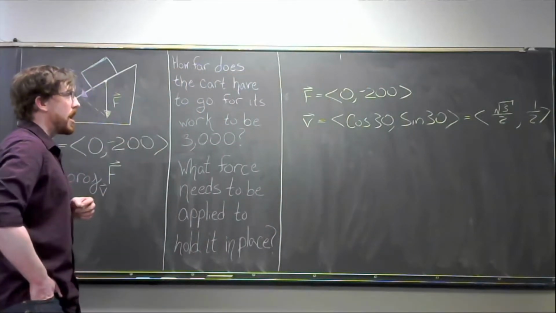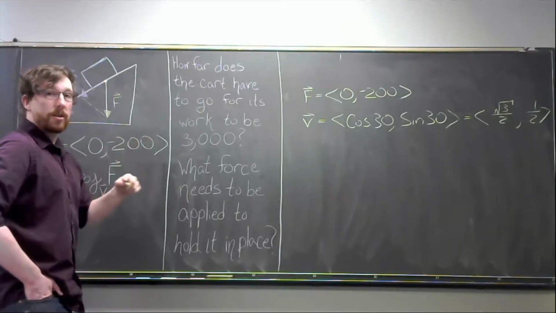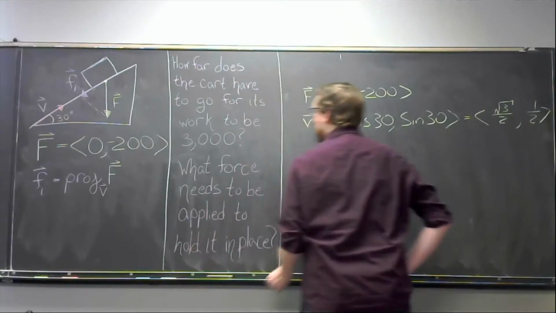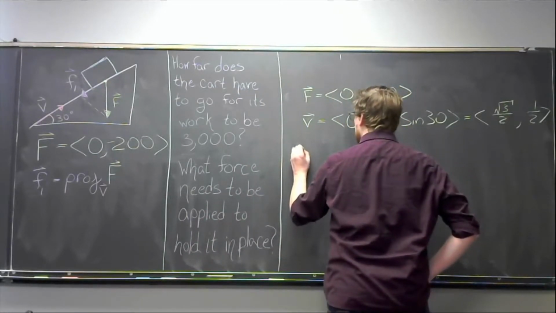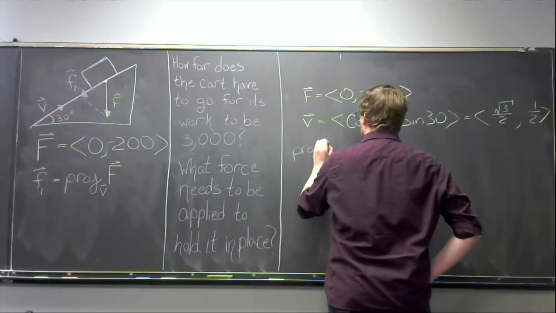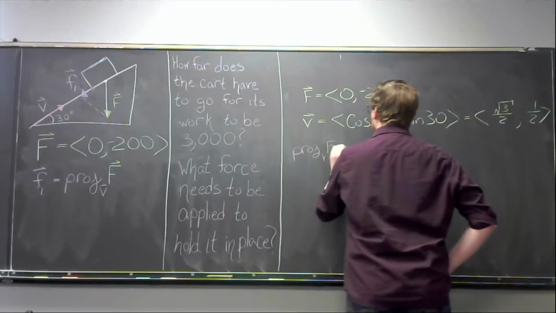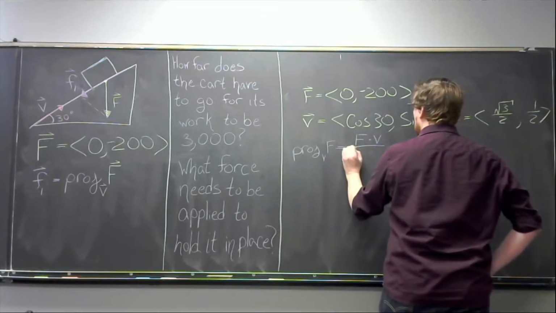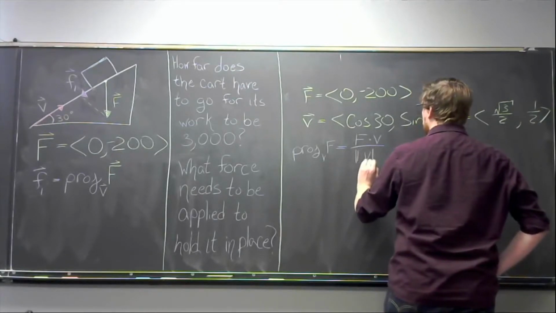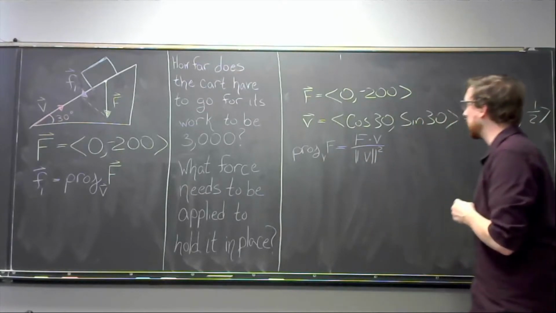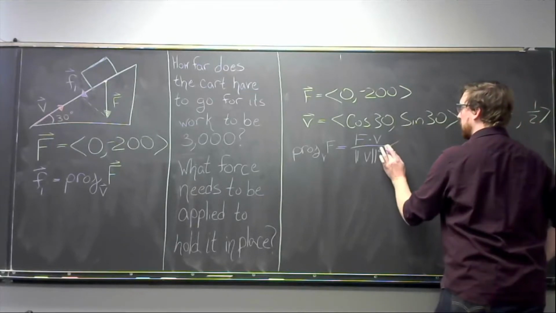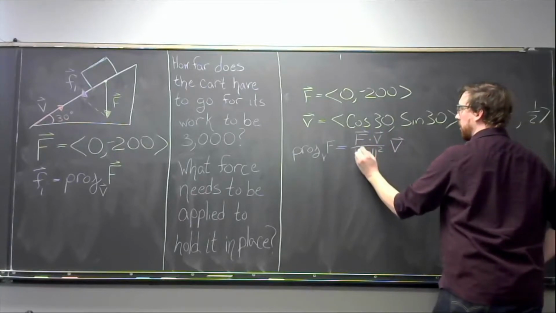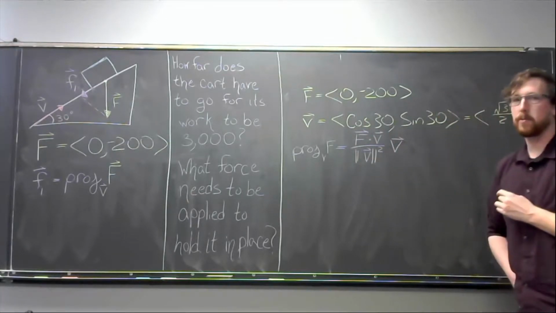So the projection of F onto V is equal to F dot V over the magnitude of V squared, times V. All these are vectors, so we want to put our little harpoon hat over top of them.